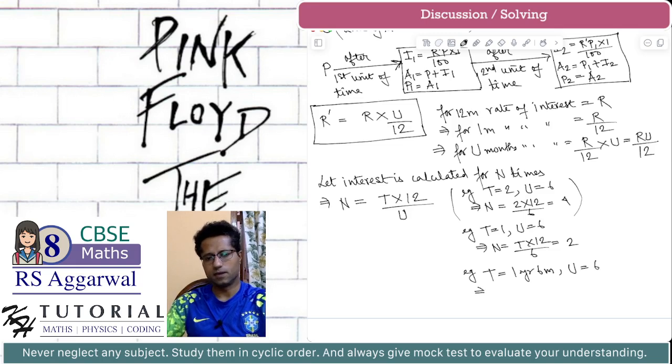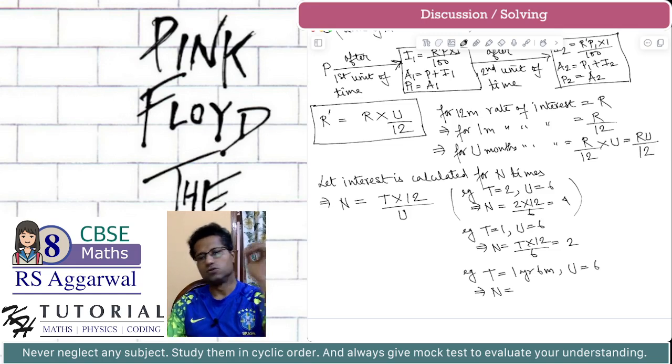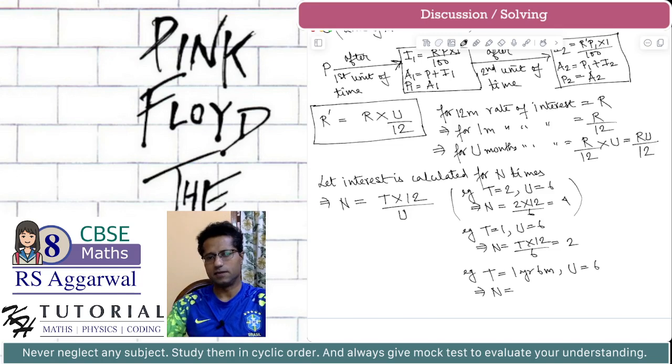So this will imply, what will be n? So T is 1 year 6 months. If we convert this to months, it will be 12 plus 6, that is 18 months. Now I have given the formula T multiplied by 12 divided by U.